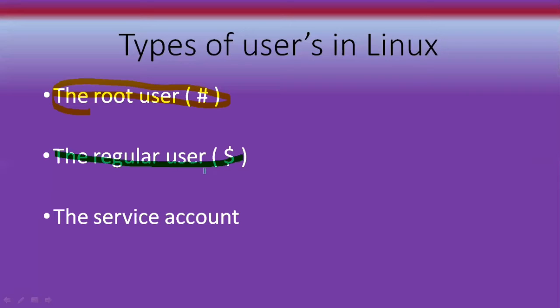This is the normal user account. During installation, one regular user account is created automatically. After the installation, we can create as many regular user accounts as we need. This account has moderate privilege and is intended for routine work.